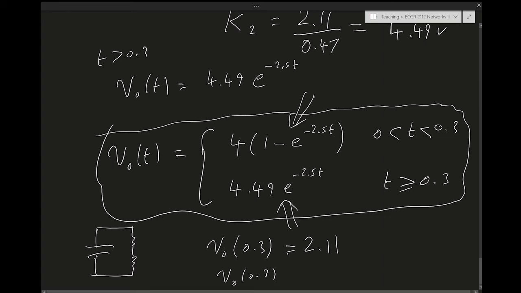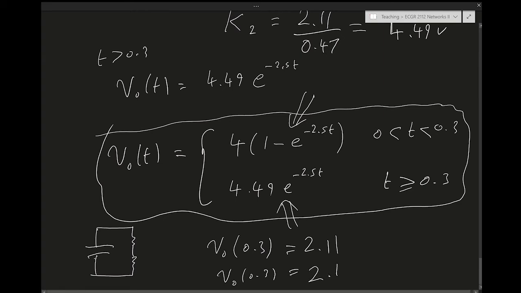So if I take, let me go back to Mathematica, 4.49, and I suggest you try that, and take exp times exponential minus 2.5 times 0.3. Yeah, I get to within, because I did some approximation here, I get a very close number.